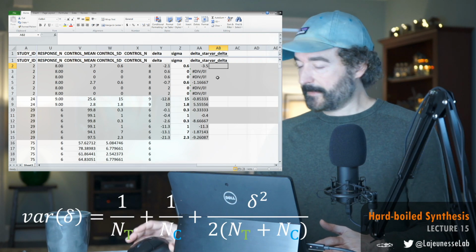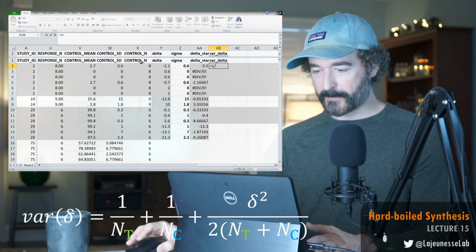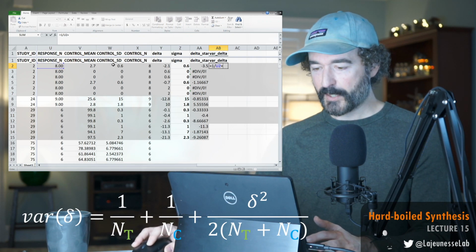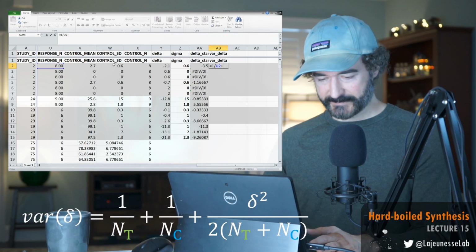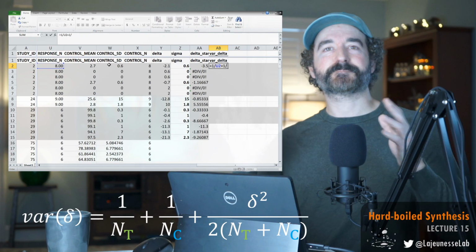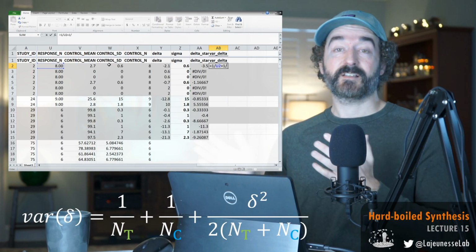The way I have this equation is slightly different from what is typically reported in textbooks. I don't use the abbreviated conversions of the sample sizes.